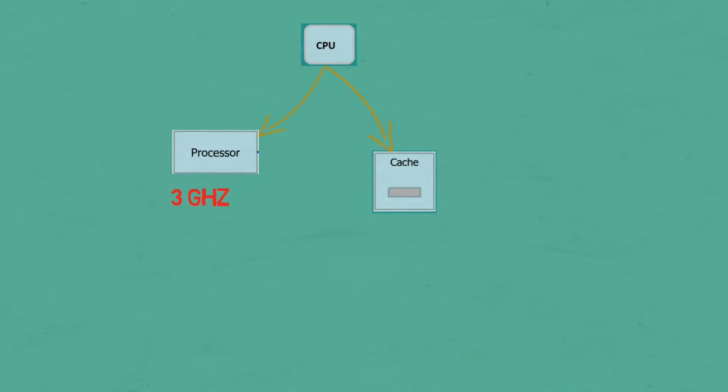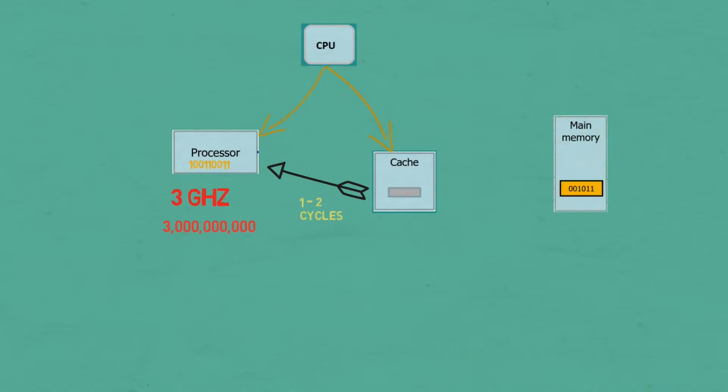So ideally, the processor can compute 3 billion single instructions in every second. But this can happen only if the processor can access all the information needed in its register file. But the register file is extremely small in size and the processor often needs to access the cache. But that would require 1 or 2 additional clock cycles.